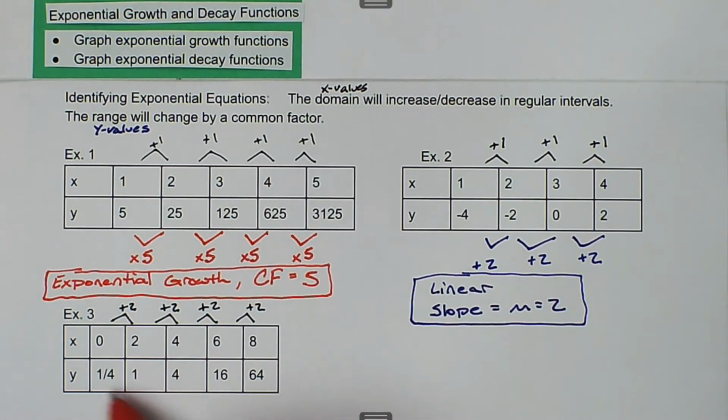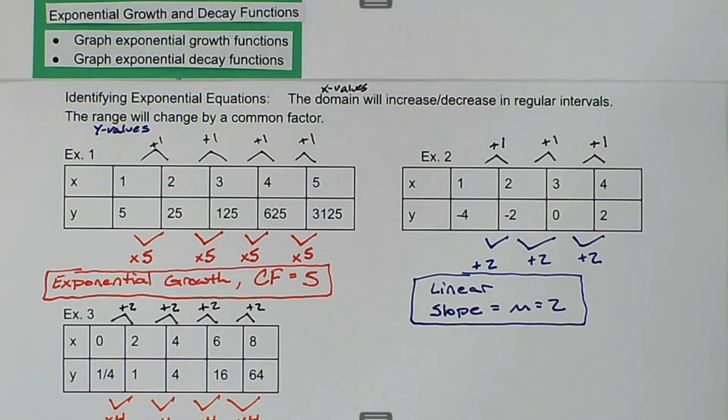Then if we don't understand, we look at this and say, 1/4 to 1, I'm not really sure how to make that jump. Well, how do we go from 1 to 4 and then 4 to 16? We're going to do times 4, times 4, times 4, and then we can check with our calculator and say, yep, 1/4 times 4 is 1.